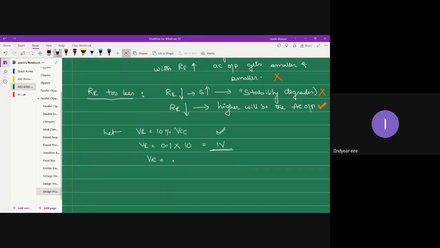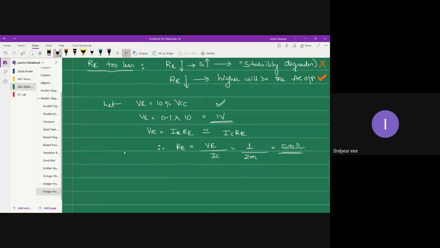VE is equal to I into RE, approximately we can write IC into RE. Therefore, resistance RE can be found as VE divided by IC. So VE is 1 volt divided by IC is 2 milli, that will give you 500 ohm resistance.